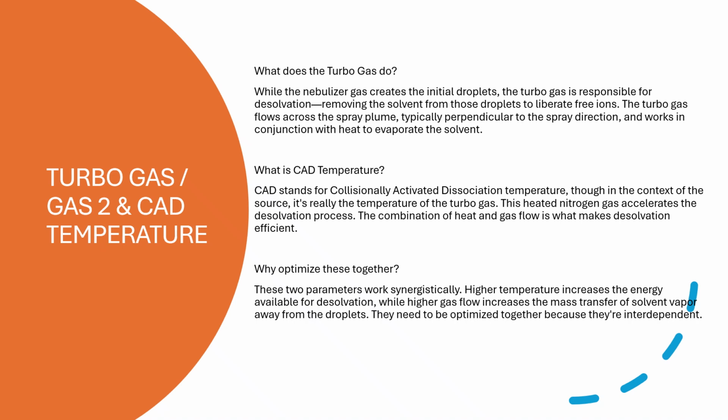So the optimizing strategy: the starting point for turbo gas would be 40 to 70 psi, and if you keep it at low values, there would be incomplete desolvation, solvent clusters, or reduced sensitivity. And if you use high turbo gas, there would be better desolvation up to a point, but excessive gas can blow your spray away from the inlet.